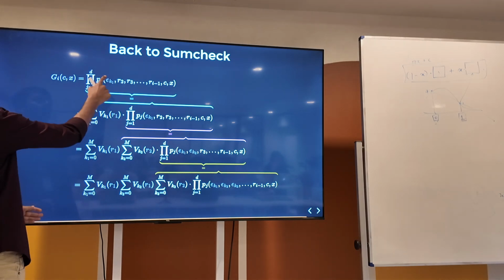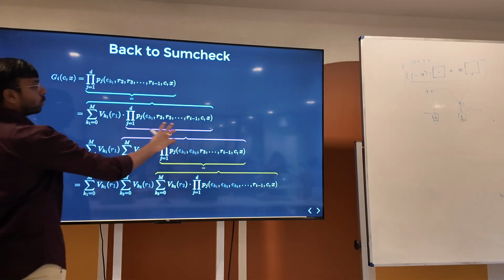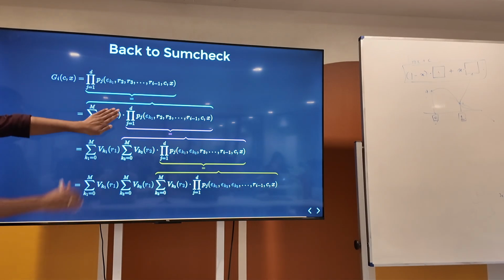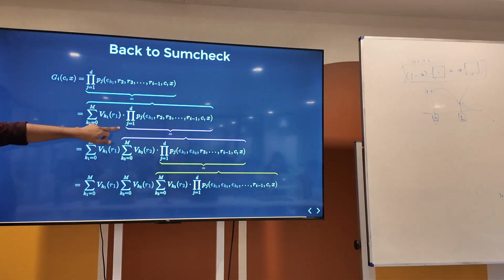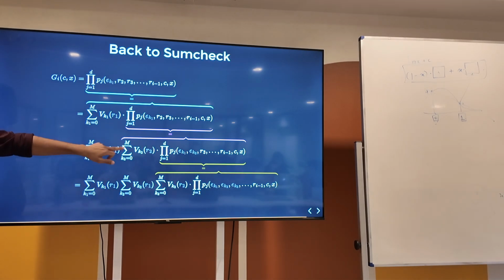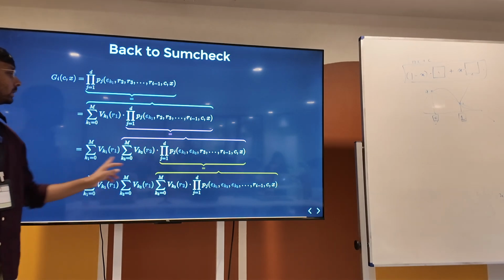I should have had R1 here, sorry about that. You separate the challenge terms, you separate the coefficient terms. Now you still have more challenges left here, so now only look at this part. You can again split it into challenge terms and coefficient terms, this pink part.